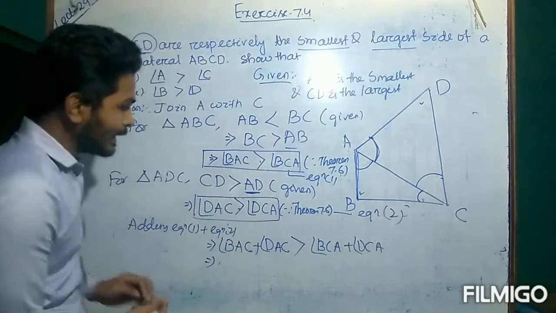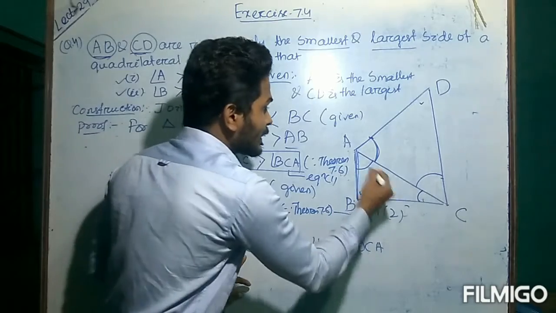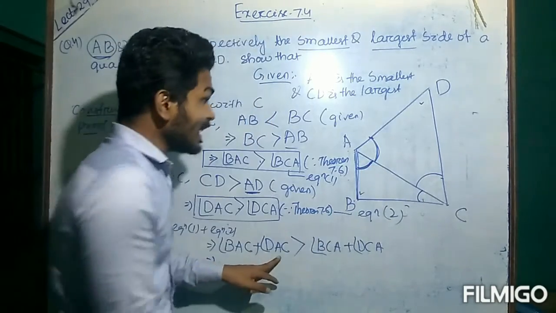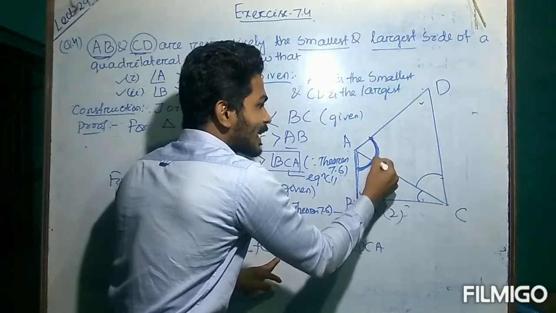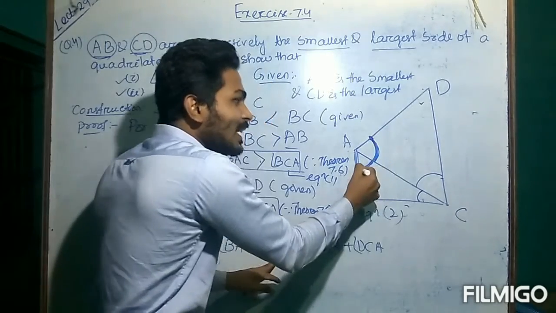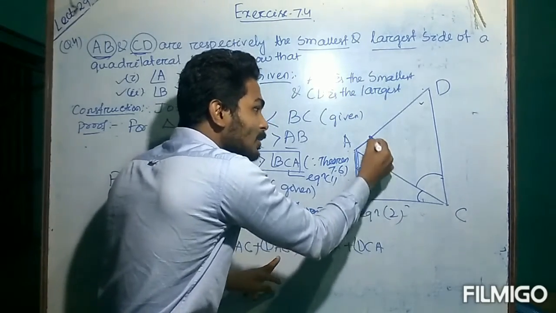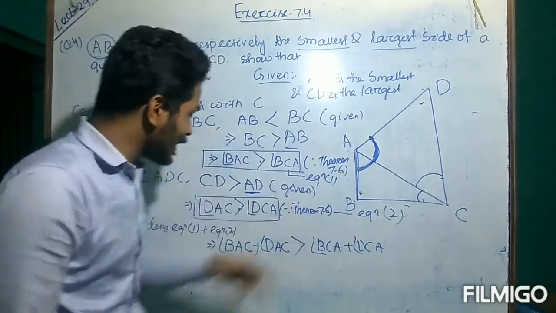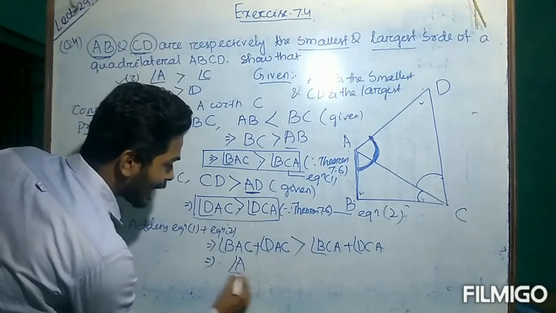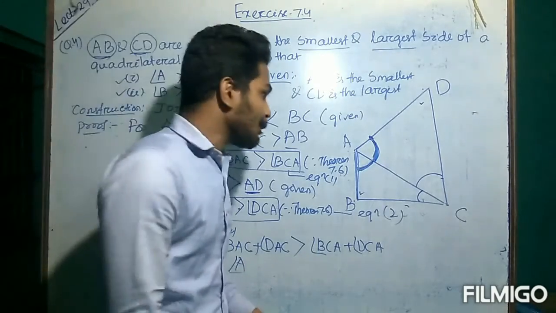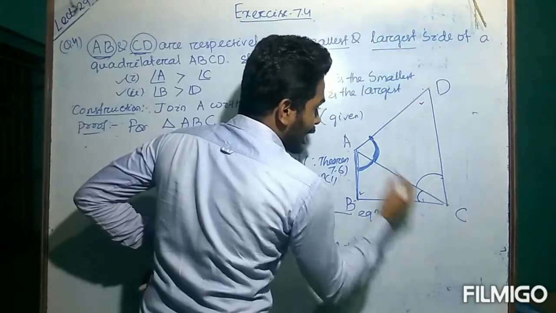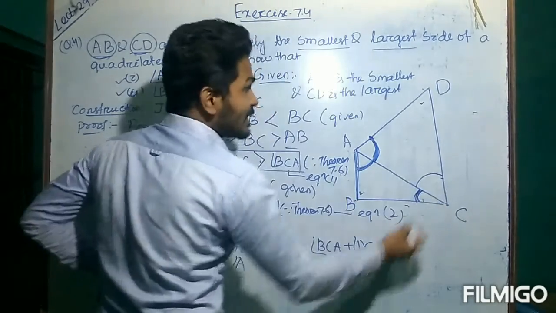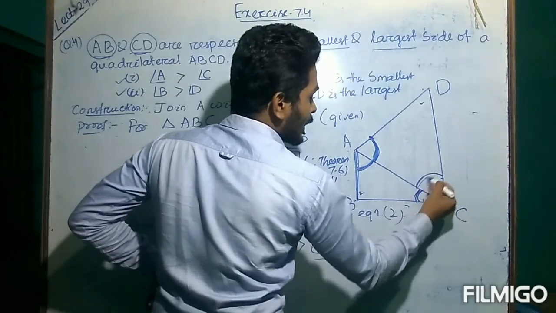So we find BAC, that means this angle, plus DAC, that means this angle. So this angle plus this angle means the total angle. These are the parts of the total angle. So these two angles are added to give which angle? Angle A. Clear? Similarly, on the right hand side it has BCA, this angle, plus DCA, this angle.